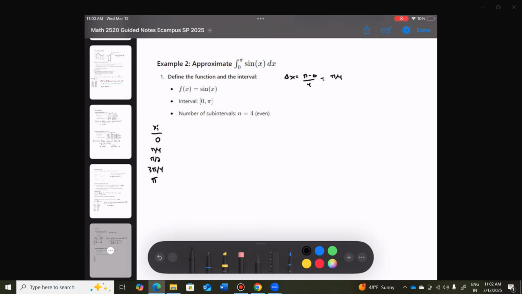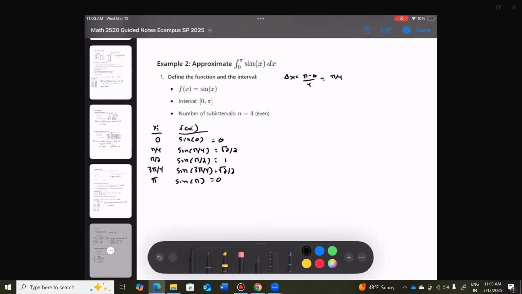So f of x sub i's: sine of 0, sine of pi over 4, sine of pi over 2, sine of 3 pi over 4, and sine of pi. So the last one and the first one are 0, the middle one's 1, and the other two are square root 2 over 2.